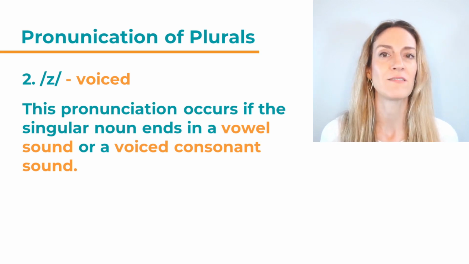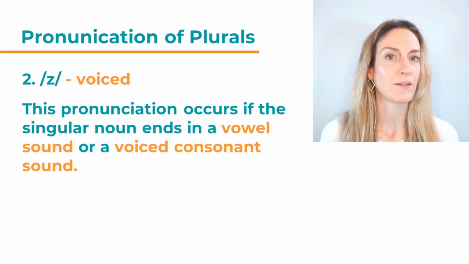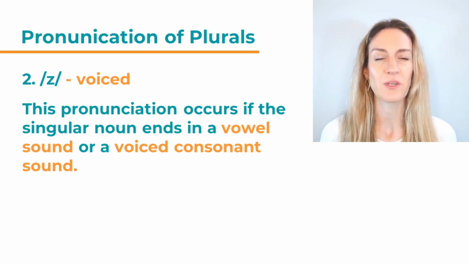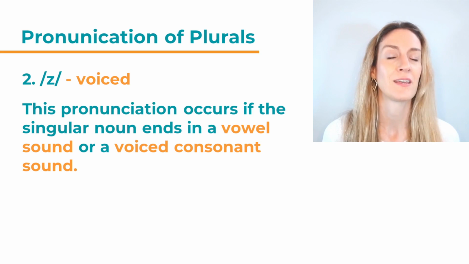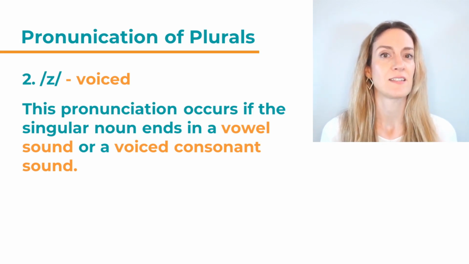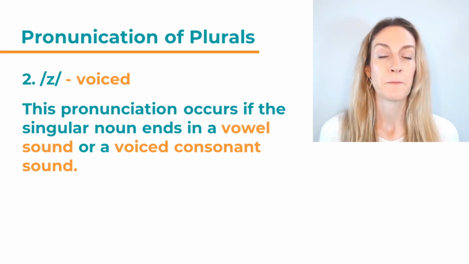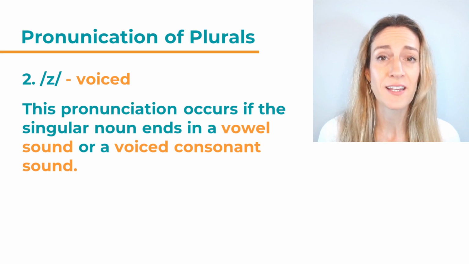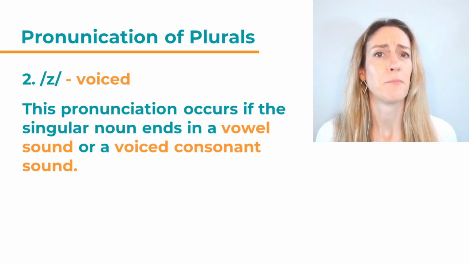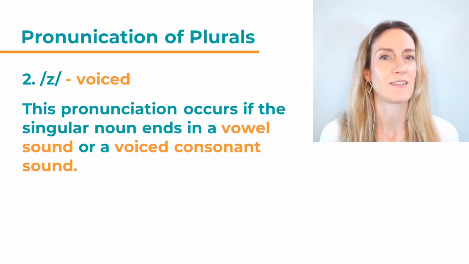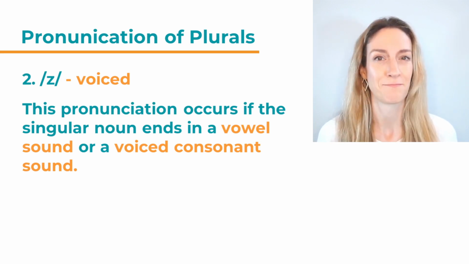Okay, so the rule is really if the singular noun ends in a voiced sound, and that could be a vowel or a voiced consonant, then the plural S will be pronounced as Z, also voiced. And we do this because, of course, if our vocal cords are already vibrating, we might as well keep them on and they continue to vibrate, and therefore we say Z instead of S.